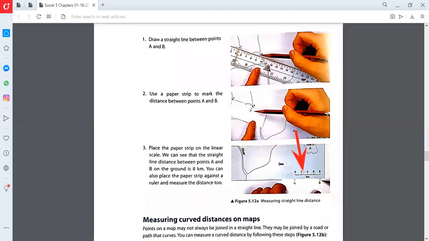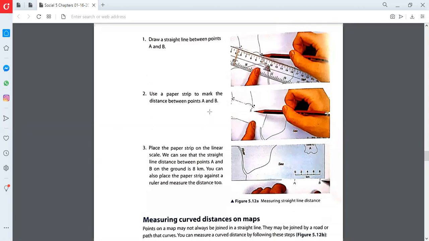So 2 kilometers, 2 kilometers, 2 kilometers, and 2. So 2 plus 2 plus 2 plus 2 is equal to 8 kilometers. It means the distance between point A and B is just 4 centimeters, but 1 centimeter is equal to 2 kilometers. So the total distance in the real world is 8 kilometers.